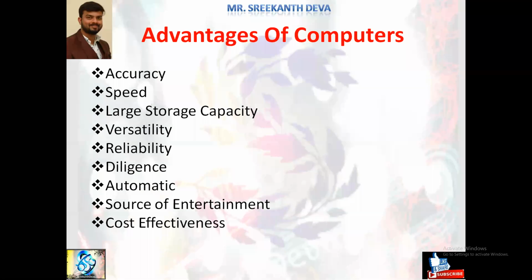It has versatility, high reliability, and diligence. It is automatic and can do automatic operations. It is also a source of entertainment. And there is cost effectiveness: it reduces the cost of doing any kind of work or job. These are the main advantages of computers.